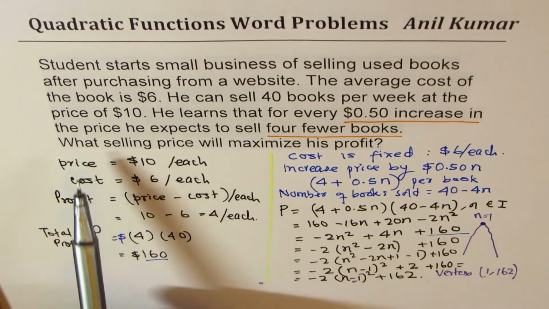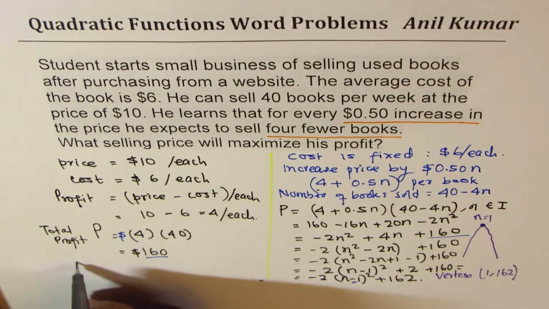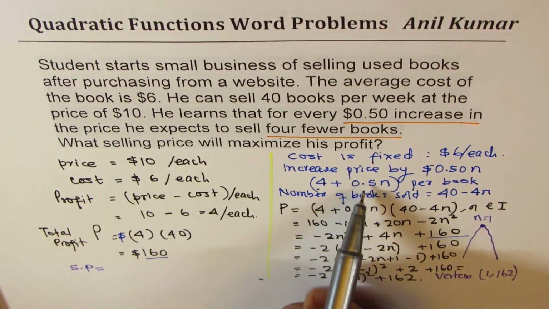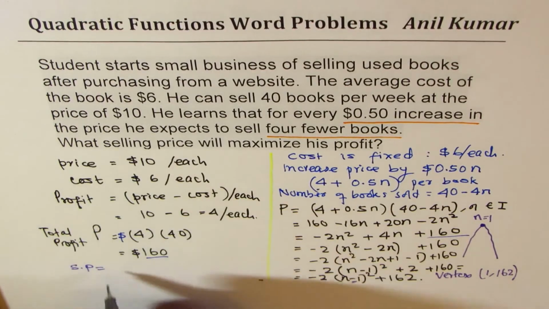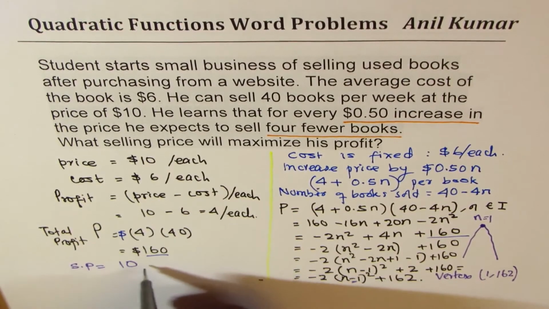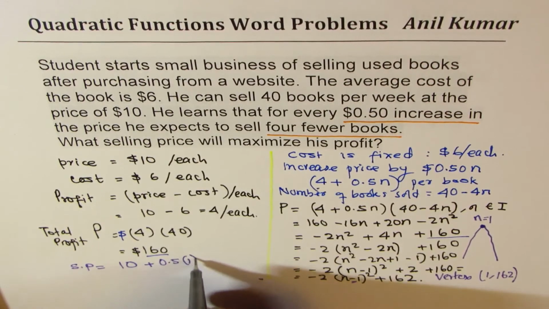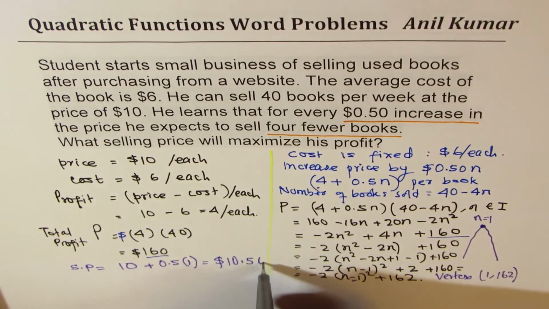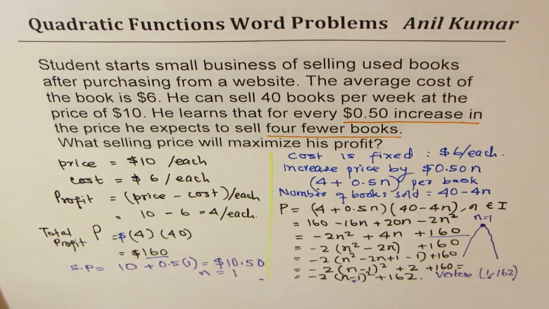Correct? The question is, what selling price will maximize profit? Selling price, let's write down. We are increasing the selling price by 0.5n to give maximum profit, correct? Selling price was $10, so now the selling price will be 10 plus 0.5 times 1, in dollars, $10.50. Since n is equal to 1, as you have seen here, the vertex.